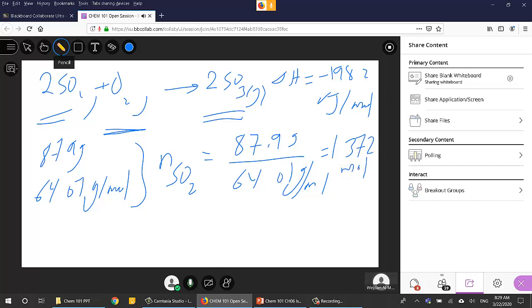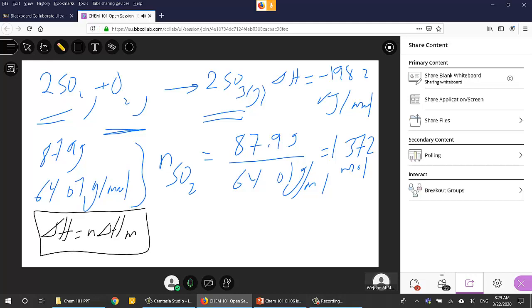Now there is a rule that you should know from now on, that delta H is equal to n delta H molar. That's a very important rule in this chapter, where delta H is the enthalpy and delta H molar is the molar enthalpy. So delta H here is measured in kilojoules or joules, and this one is in kilojoule per mole.